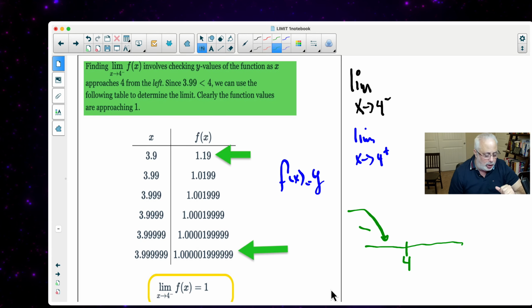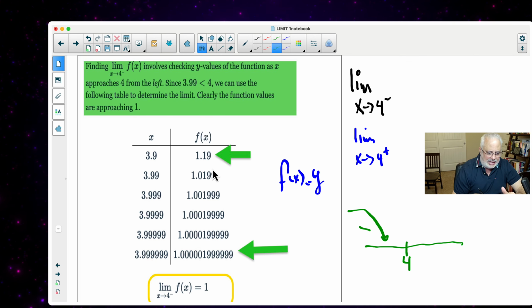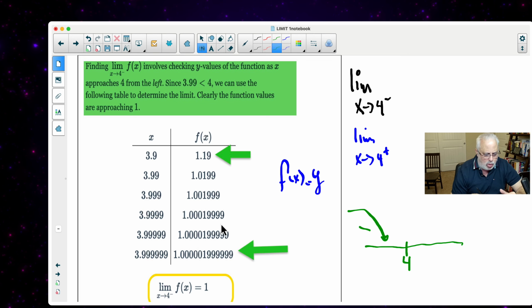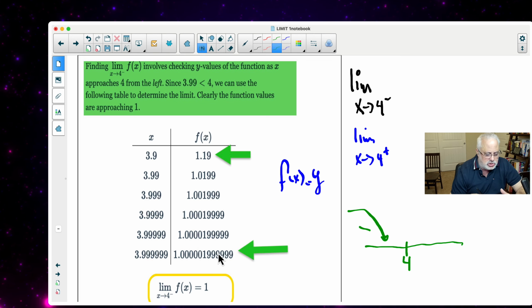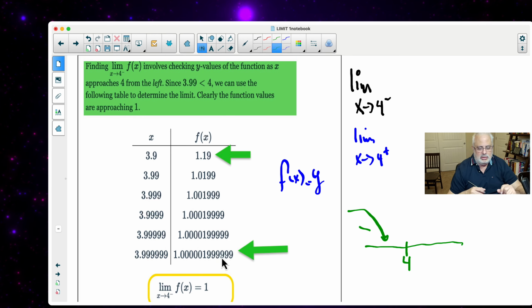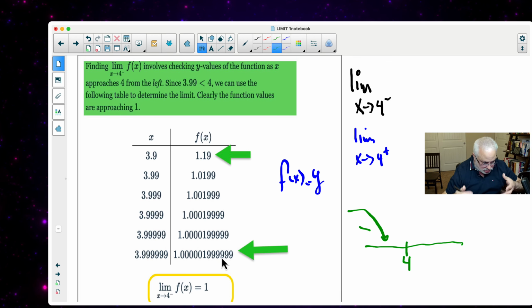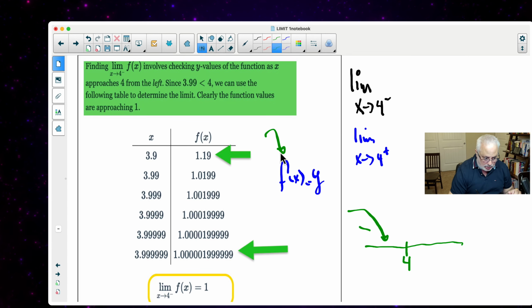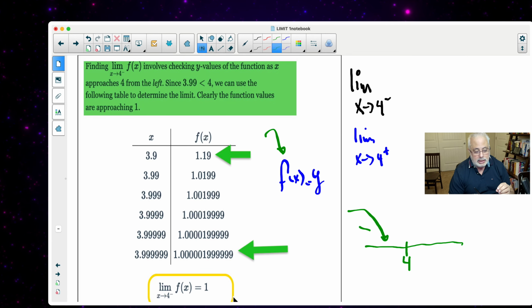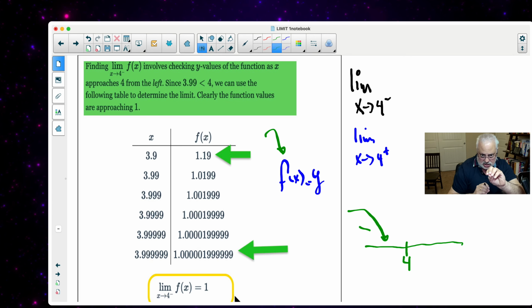When we evaluate the function, these are the results: 1.19, 1.01, 1.00199, 1.30, 1.40, 1.560. We notice that the function is approaching the y value, the f of x. The f of x is approaching 1. Remember that we have a relation here between x and y.